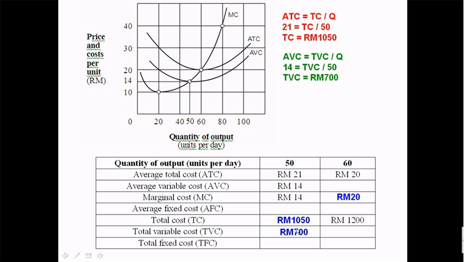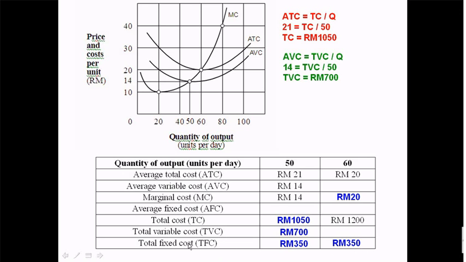Now it gets easier. When you have total cost and you have total variable cost, you just have to find the difference and you can easily get the total fixed cost. So 1,050 minus 700, and we know that total fixed cost must be 350, because fixed plus variable is equal to our total cost, so we just have to find the difference. Since total fixed cost is fixed regardless of the quantity of output, if the total fixed cost is 350 for 50 units, then for 60 units as well it has to be 350.